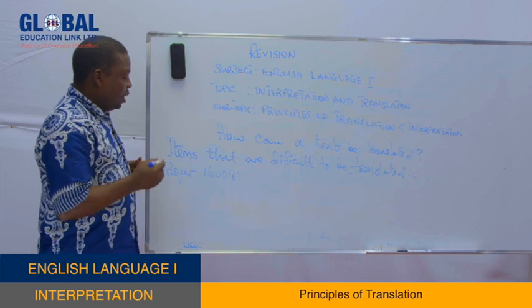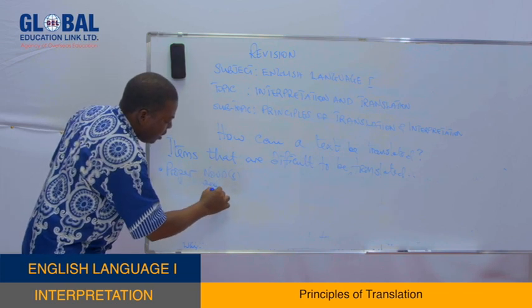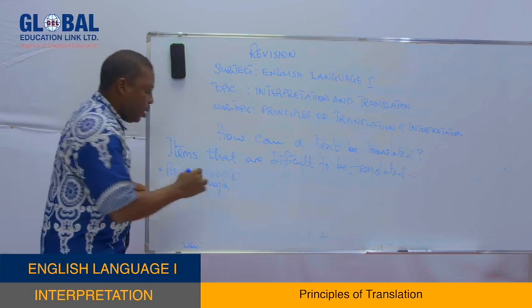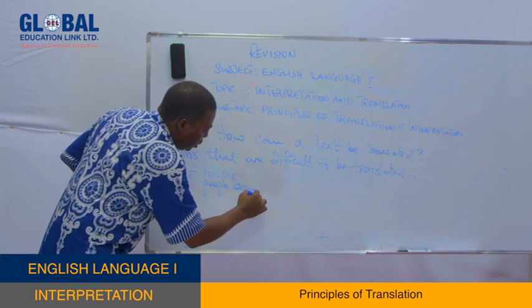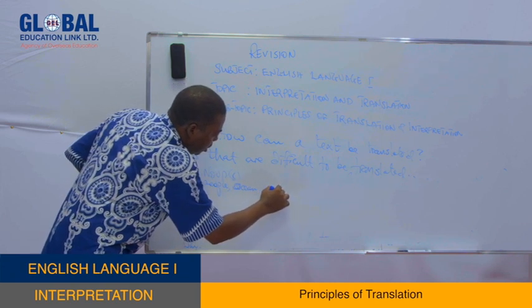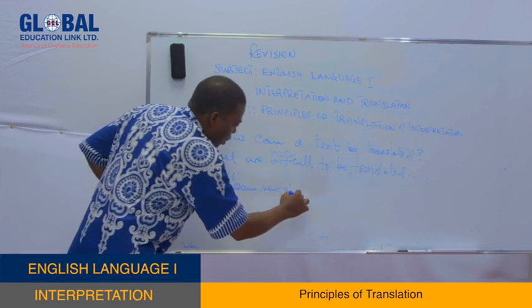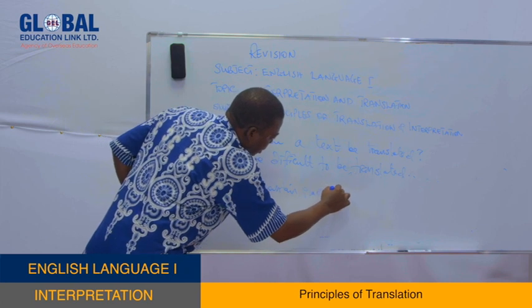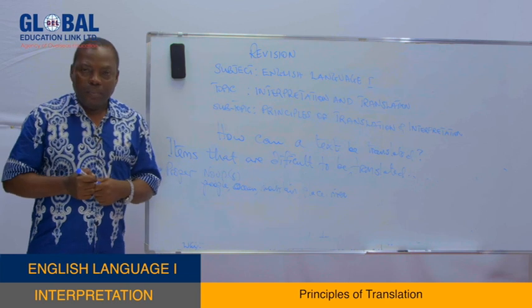And these specific objects or things could be human beings, people, could be oceans, could be mountains, could be names of places, could be rivers, and such things.